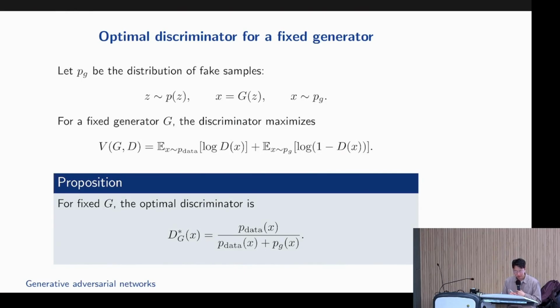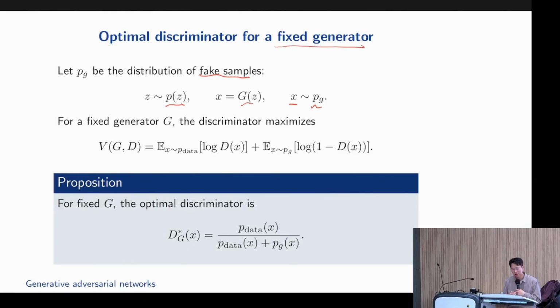Just to introduce the notation, PG stands for the fake samples. So sampling Z from some distribution, passing it through the generator, and this distribution on the fake images, let's call it P of G. So again, fixed generator.